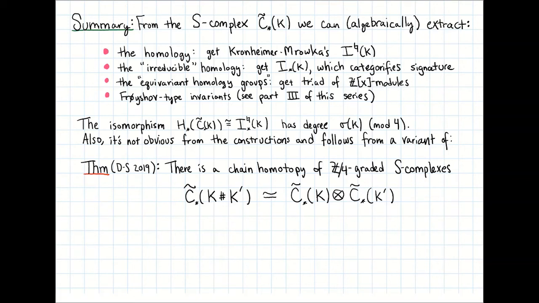To say a bit more, in the construction of I natural, Kronheimer and Mrowka take the connected sum of the knot K with a Hopf link, and they do gauge theory for a non-trivial bundle in this setup. This is different from our situation because in their situation there are no reducible connections. The variant of the theorem we then use to relate the two theories involves choosing K prime to be a Hopf link with a non-trivial bundle.